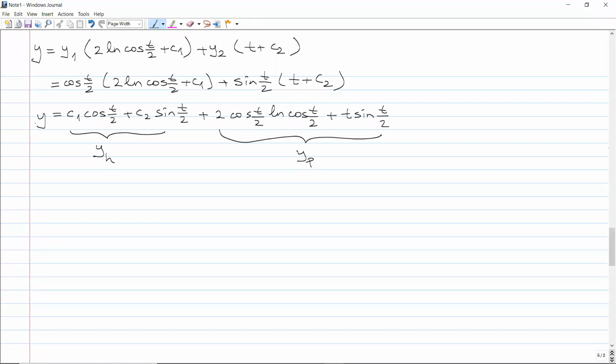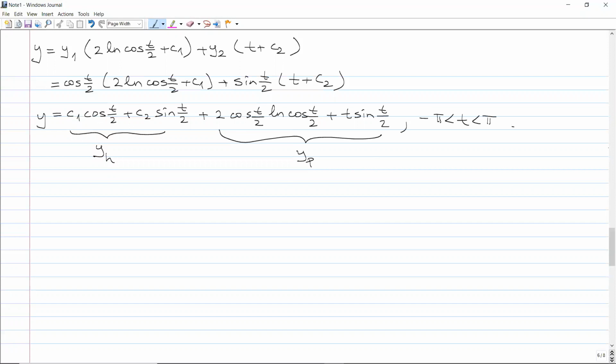So this is the solution. And remember, t is between minus pi and pi. This interval is given in the problem. We do need this interval because in the solution, cosine t over 2 and sine t over 2 are fine, but we also have the natural logarithm of cosine t over 2.